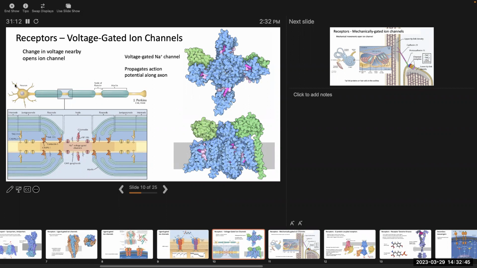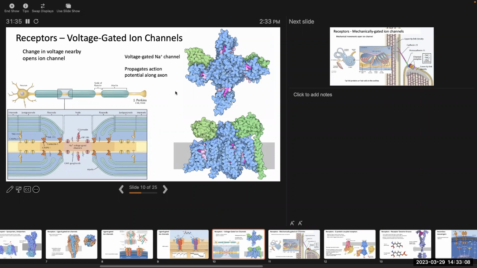And so the action potential that's generated up here in the cell body by a ligand-gated ion channel causes enough of a change in voltage that it then triggers voltage-gated ion channels farther down in this node of Ranvier.